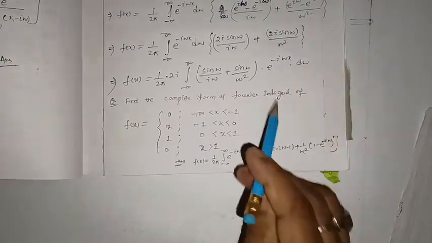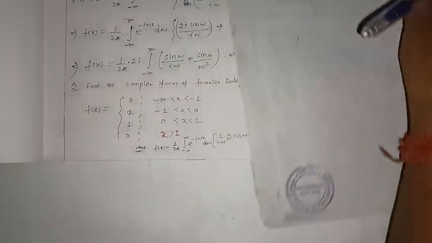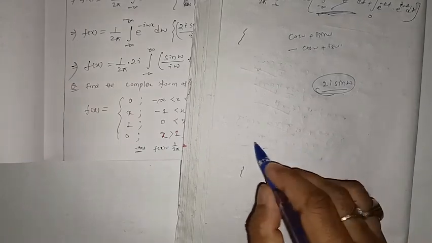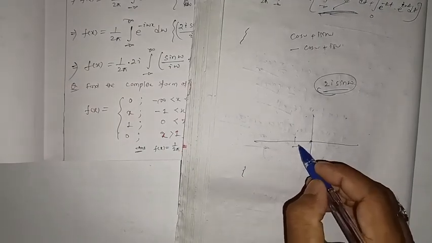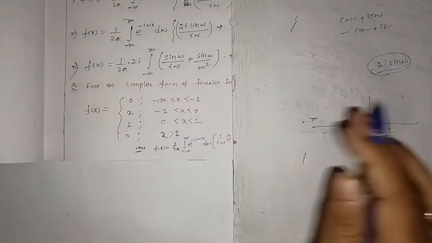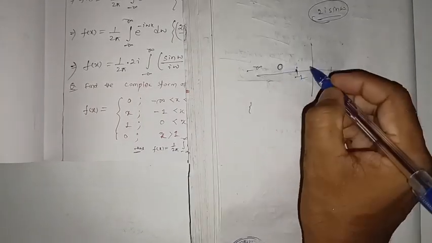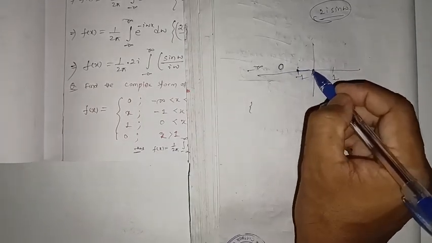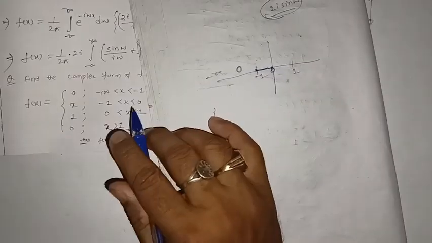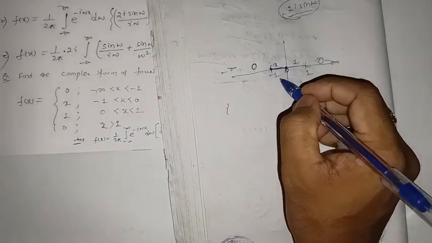But here in this question, the limit has been given like this: minus infinity to minus 1, value is 0. Then minus 1 to 0, value is x, and 0 to 1 is 1, and 1 to infinity is 0. Okay, so the extra limit 0 to 1 has been given as 1.